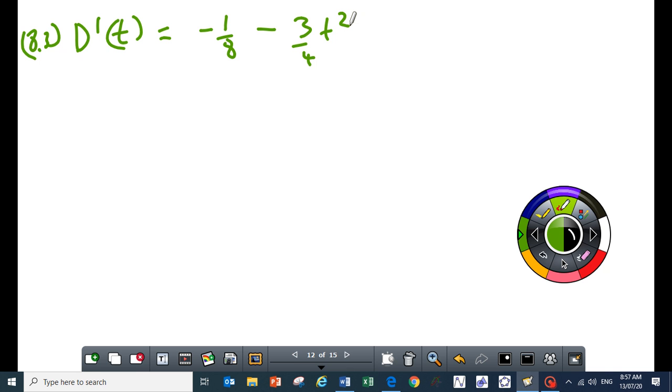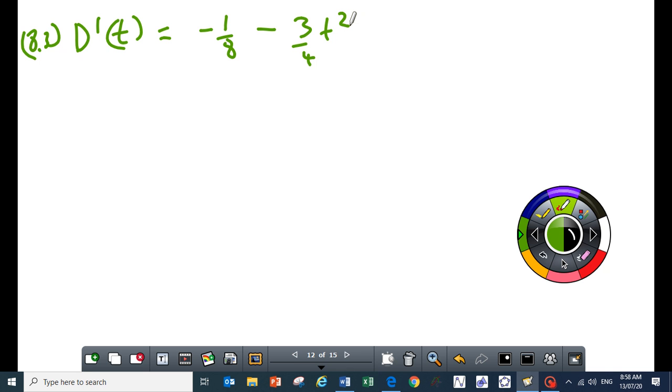We were talking about the level dropping, which means we're talking about a decrease. So my question is, where is d prime of t there? Are we going to put a positive 12 and 1 over 8, or are we going to put a negative 12 and 1 over 8? We have to put a negative.